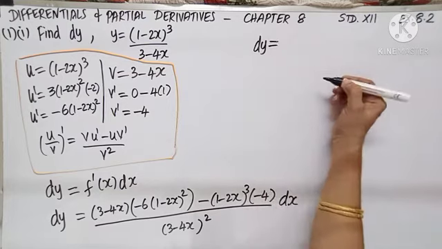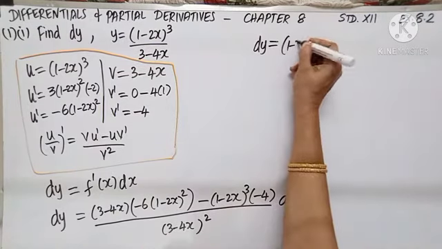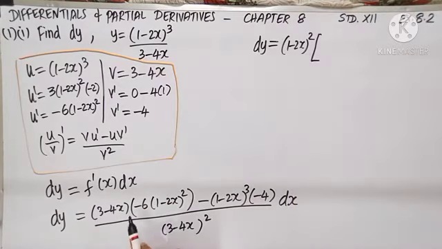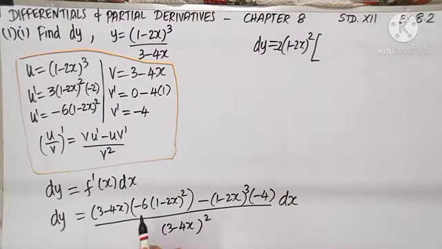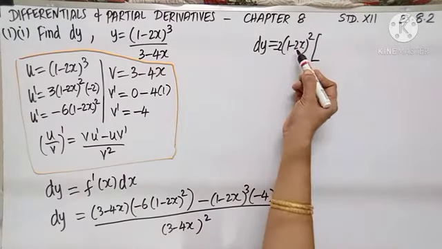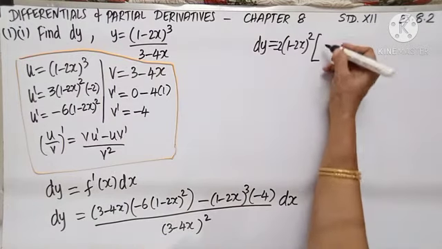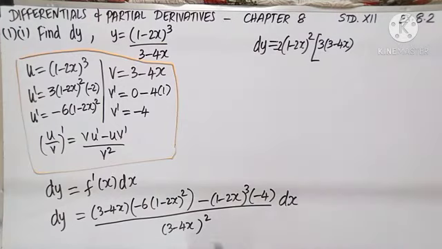Do not forget. We will simplify. Dy equals, in both the terms, 1 minus 2x the whole square is common. Also, here minus 6, here minus 4. So I can take minus 2 out. What remains? 1 minus 2x the whole square and minus 2 is taken. We are left with 3 into 3 minus 4x.